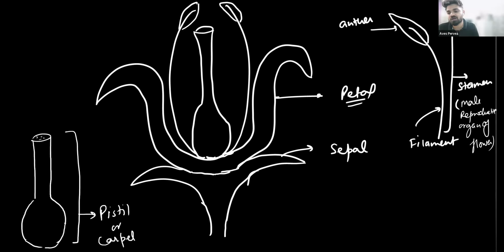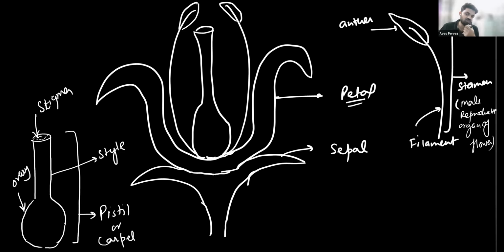The top part is called stigma. The middle part is called style, and the lower part is called ovary.